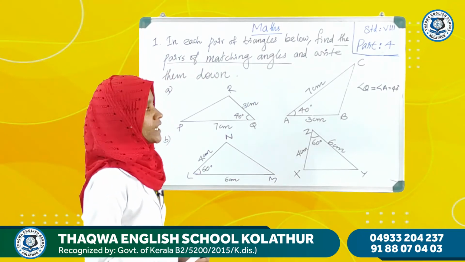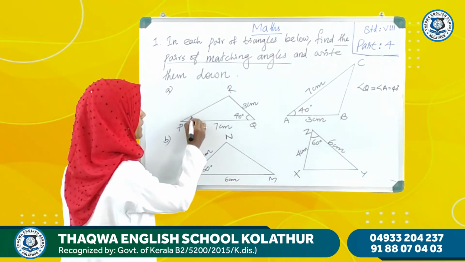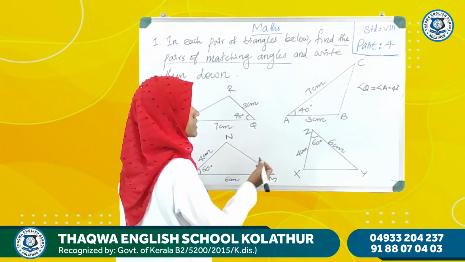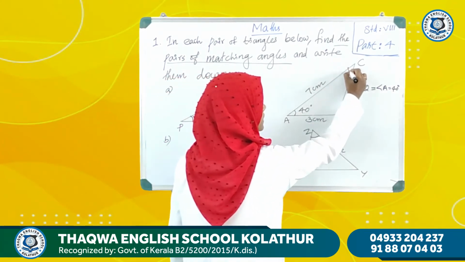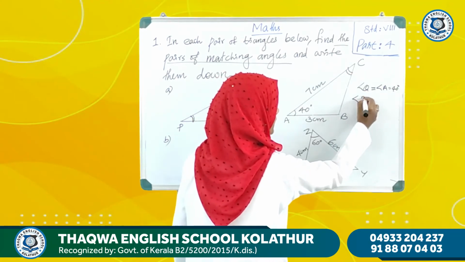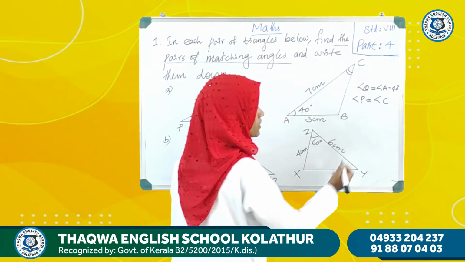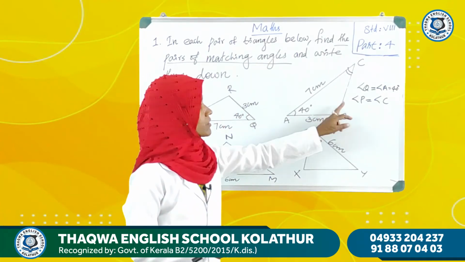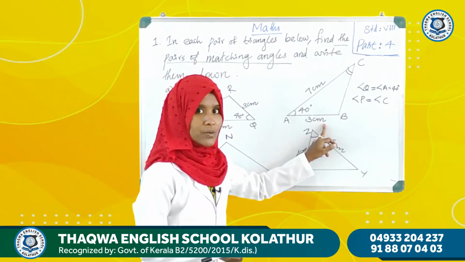Then what about the other two angles? Angle P. Angle P is equal to angle C. Why? QR and AB are equal.